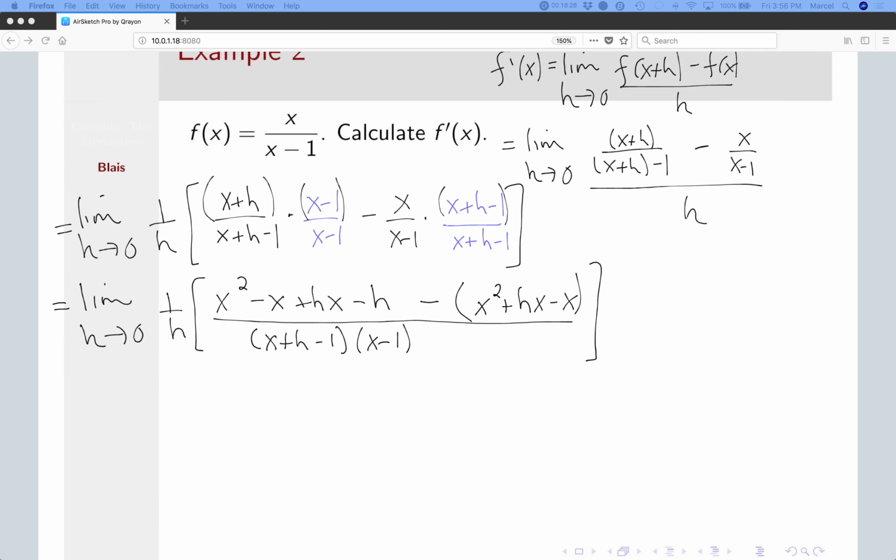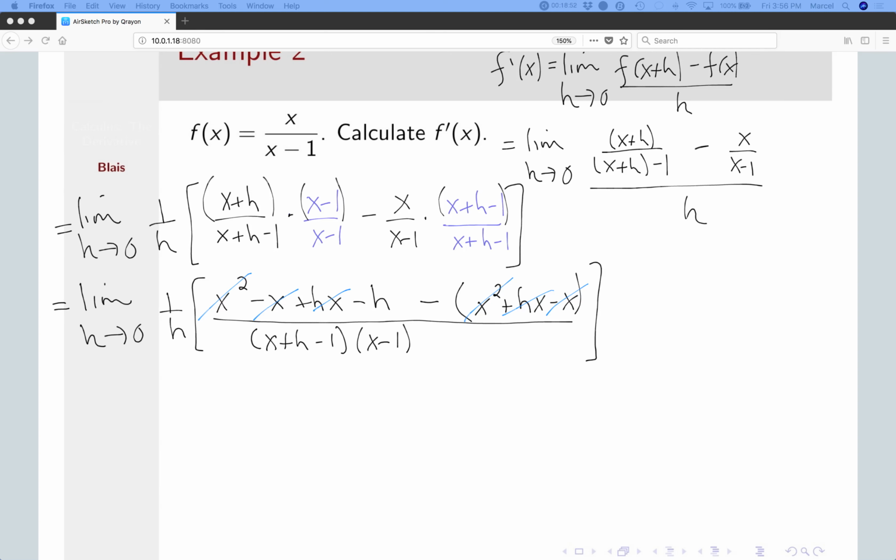Now, we simplify, and we see that we have an x squared and a minus x squared. We have an x and a minus minus x. And we have a plus hx and a minus hx. So a lot of things cancel.